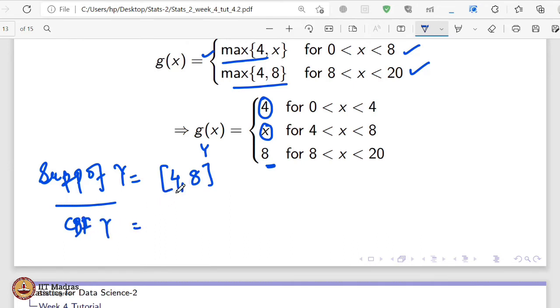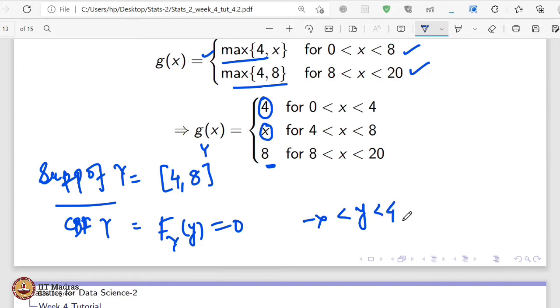As y has not been defined from minus infinity to 4, the probability till y less than or equal to 4 would be 0, right? So the F of y would be 0 for y from minus infinity till 4, right?